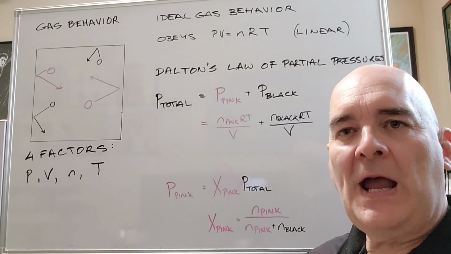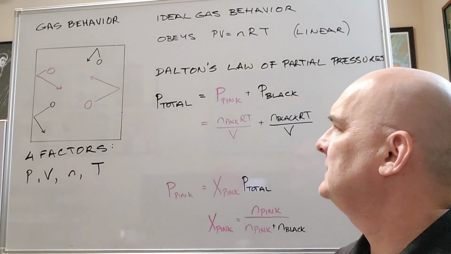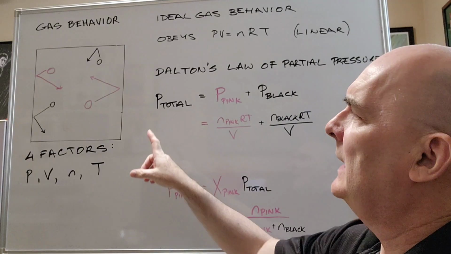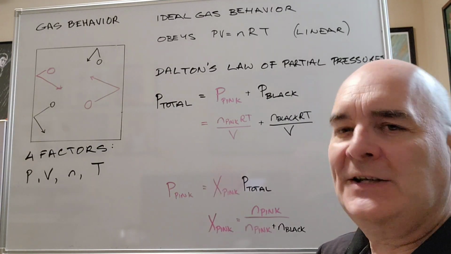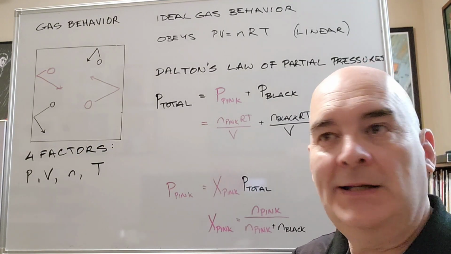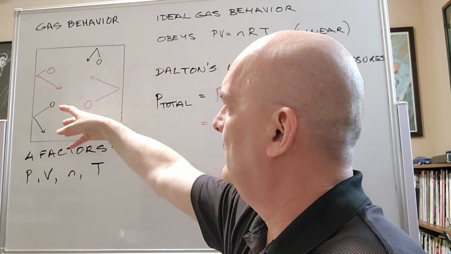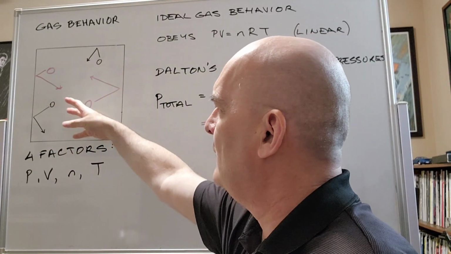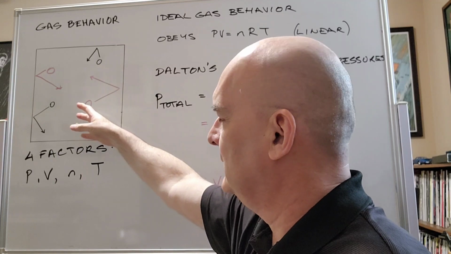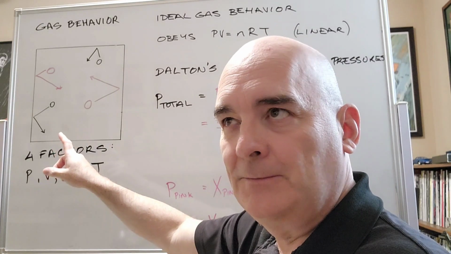Because our description of gases is so purely mathematical, we can look at gas mixtures using exactly the same math. If I have the same volume that I had before, and I now have 4 gas particles in there, but they're of 2 different types.